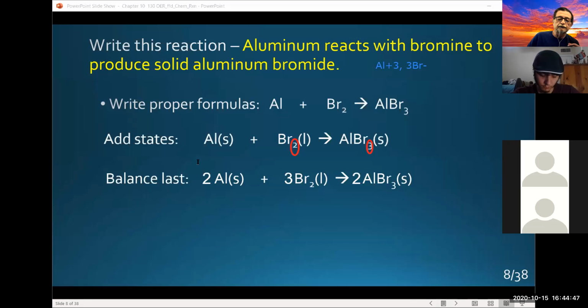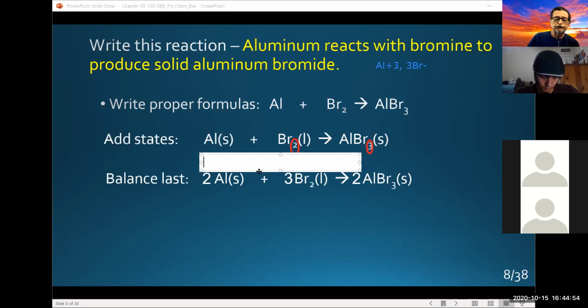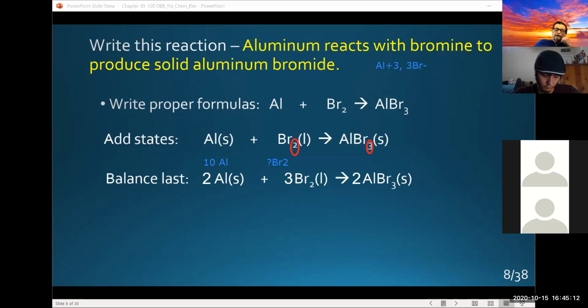If I have 10 aluminums, how many bromines do I need? Okay. What if, right, my balanced chemical equation says that I need two atoms of aluminum for every 3 bromines.